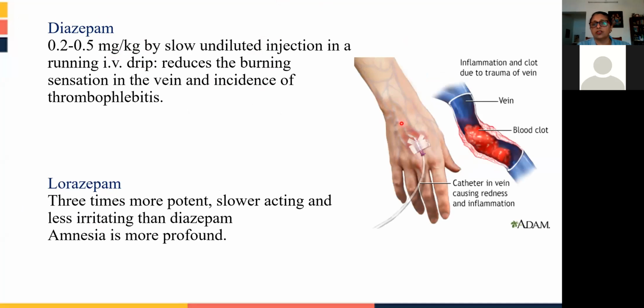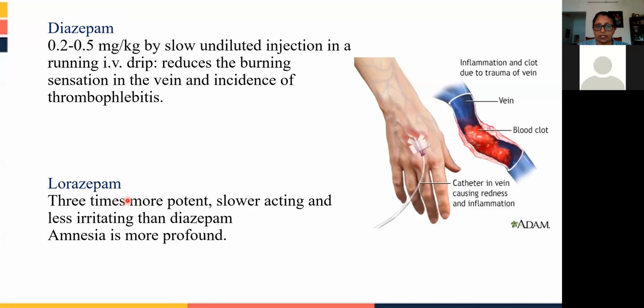It causes trauma to the vein and inflammation. Usually diazepam is given in an IV drip. This will reduce the burning sensation as well as the incidence of thrombophlebitis. You should not give it directly into the vein, but through a drip.